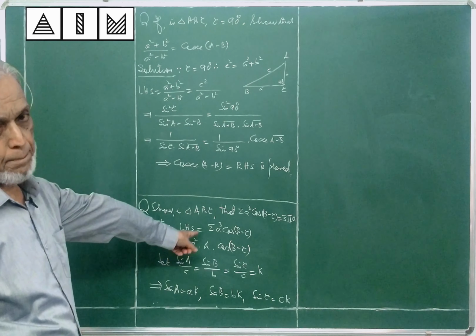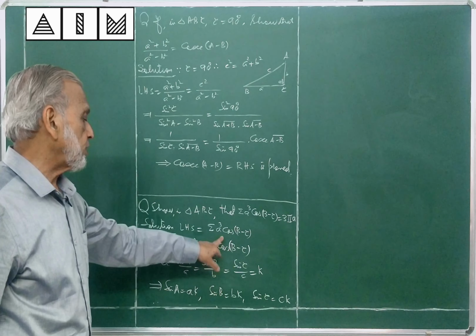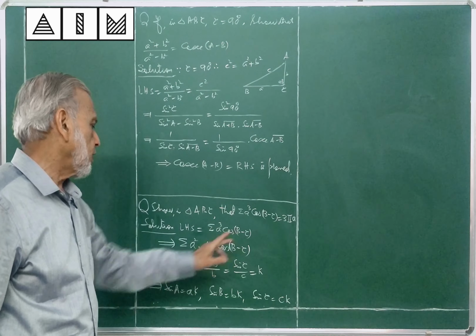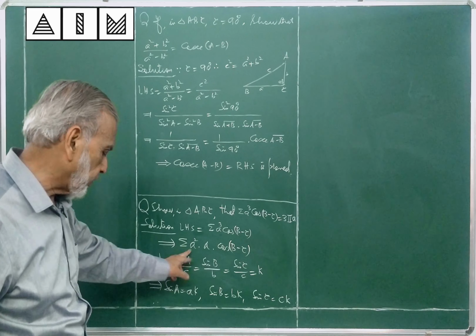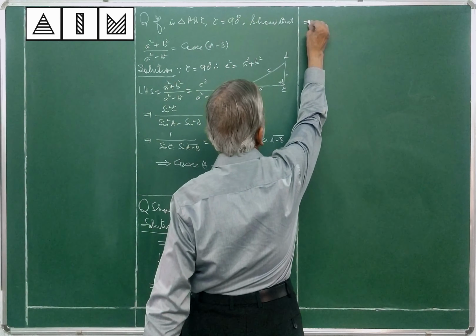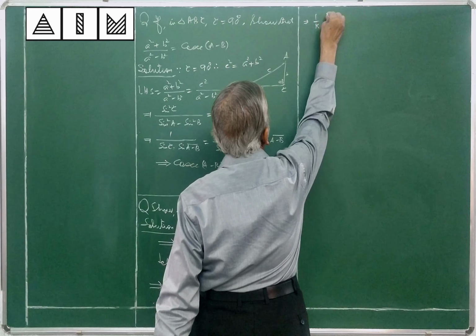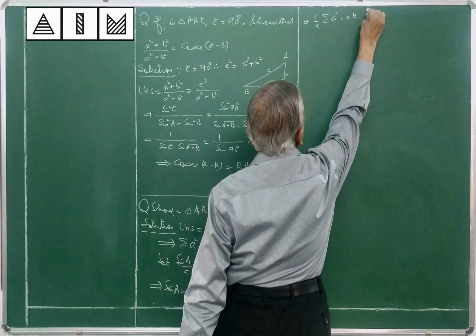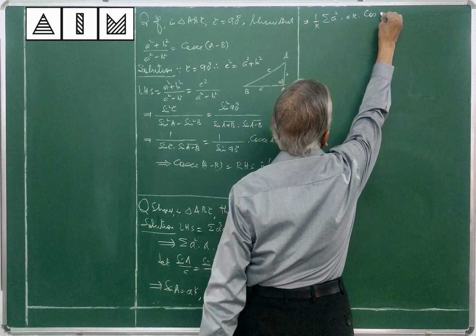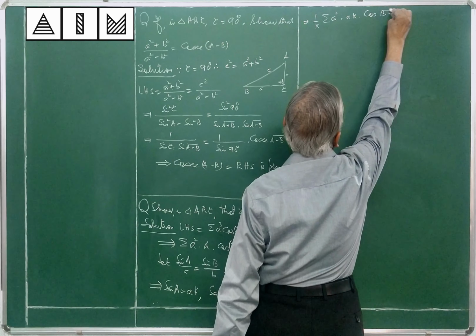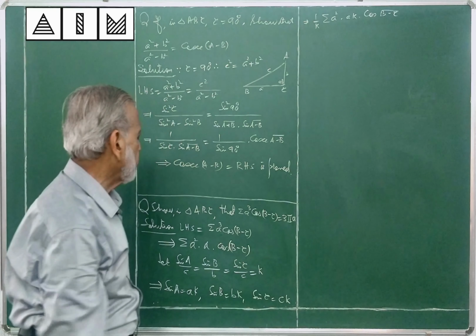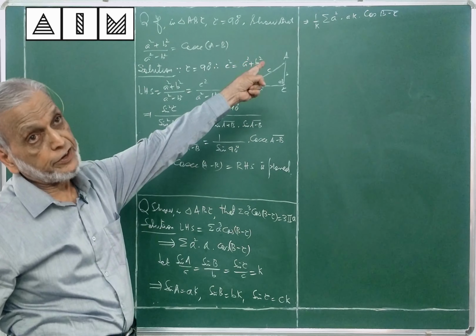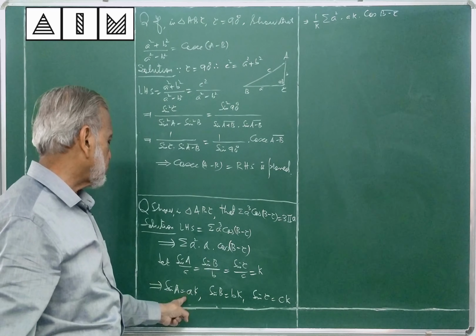Go back to this step. Σ a³ cos(B − C) is rewritten a² into a cos(B − C). I am working here now, concentrate. Watch carefully. In a², I have written ak, taking one k here, and ak will be written as sin A now.